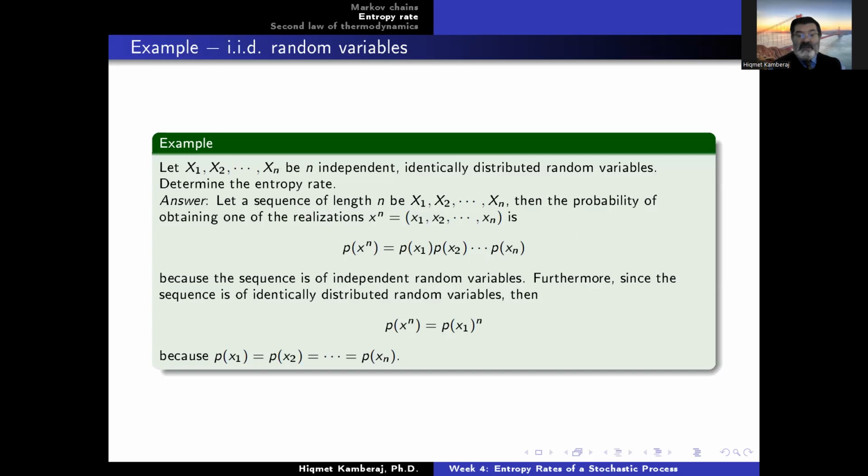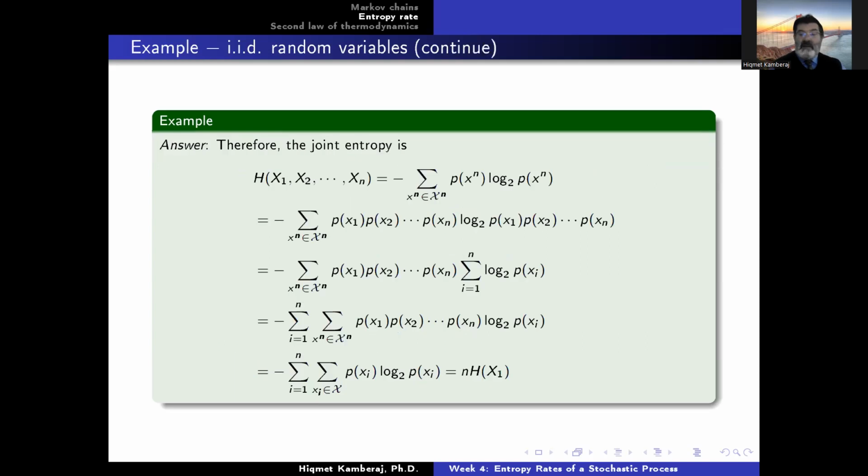Furthermore, since the random variables are identically distributed, each of these marginals is equal to the other. So this means that we can say p of x1 is equal to p of x2, and so on, up to p of xn. Then p of x^n is obtained as p of one of these, let's say x1, all to the power n. Then we can calculate the joint entropy, H of X1, X2, up to Xn, which by definition is equal to minus the sum over all x^n from chi^n of p of x^n times log with base 2 of p of x^n.